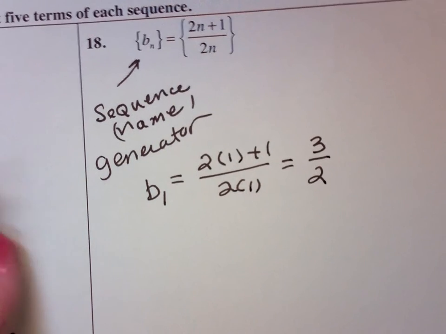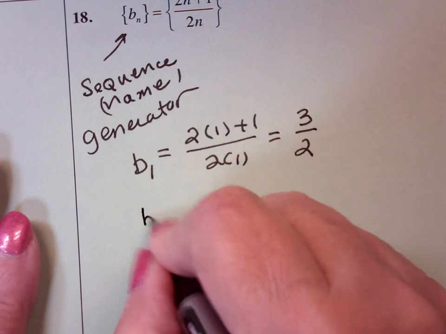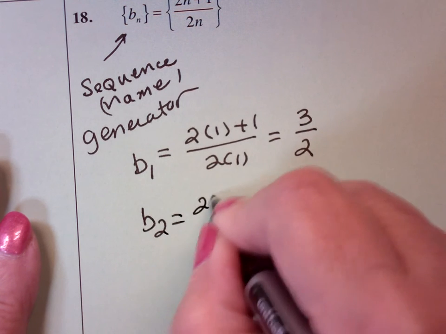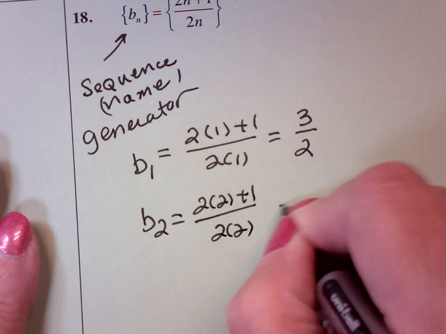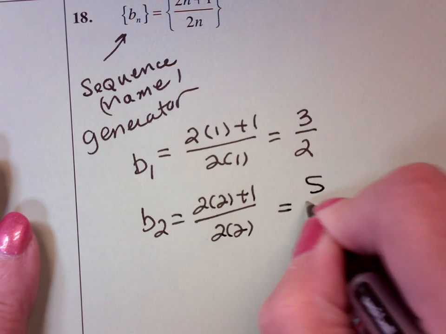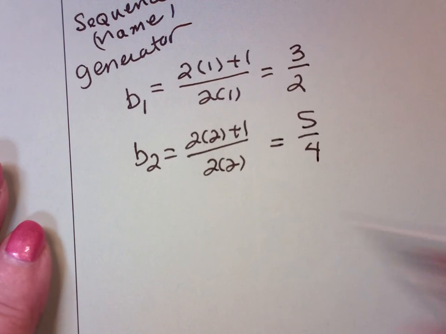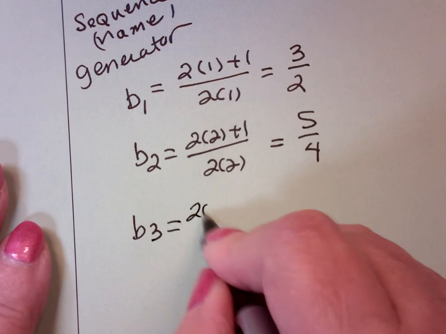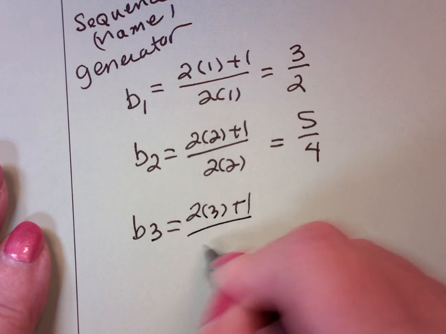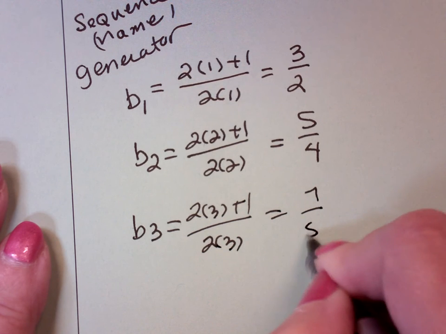And once you see a pattern, you don't have to generate anymore, you can just make your list. B sub 2 is 2 times 2 plus 1 over 2 times 2, which is 5 over 4. Anybody see a pattern? B sub 3 is 2 times 3 plus 1 over 2 times 3, which is 7 over 5.